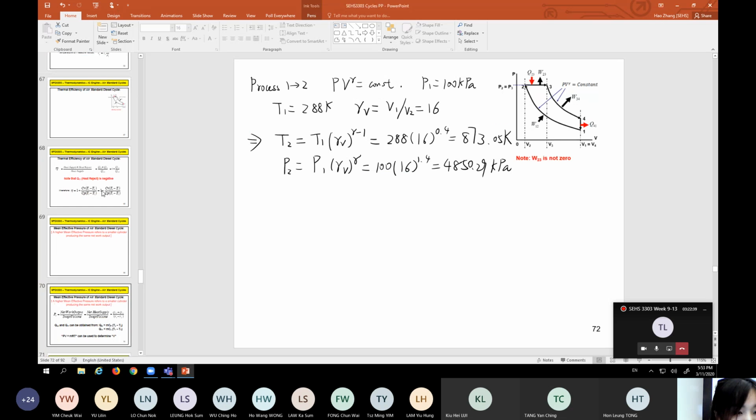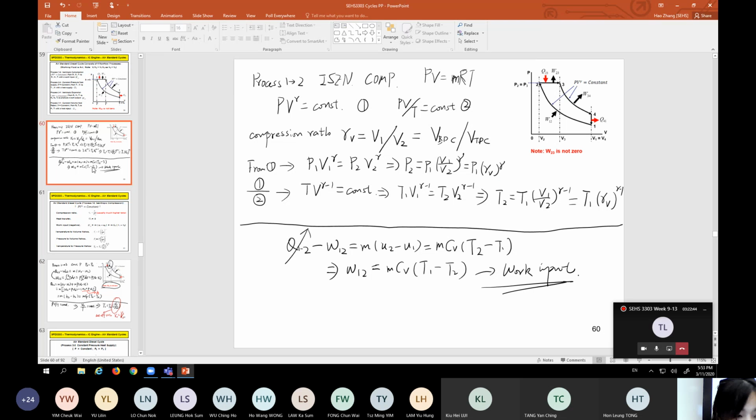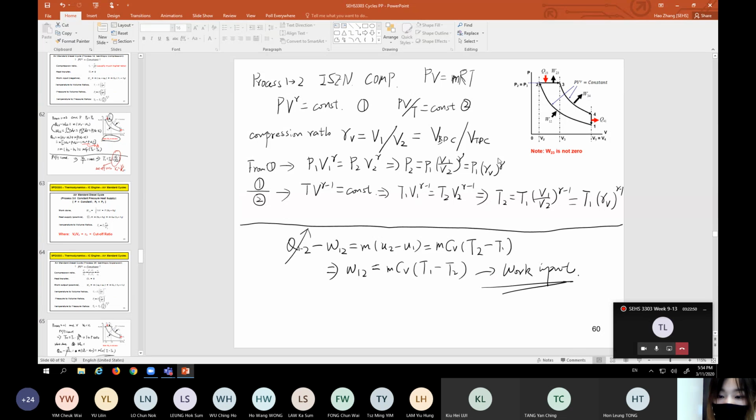Remember, I have shown you the equations, the pressure to volume ratios. We use the compression ratio here.